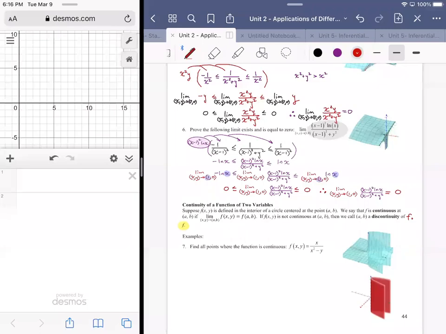If the limit of the function exists, so that's the number one necessity. The limit has to exist and specifically be equal to a particular point from all directions. Then we would say that the function of multiple variables is continuous.